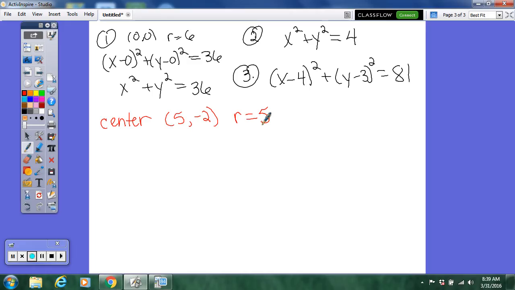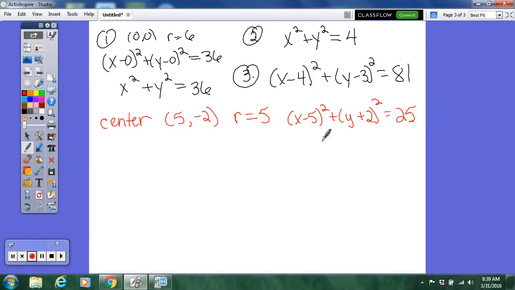Everybody got some down? Some to try? Alright, so this should be x minus 5 squared plus y plus 2 squared equals 25. Now, why is that one a plus?